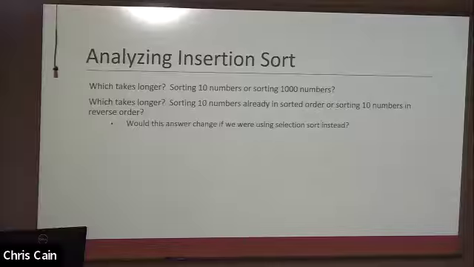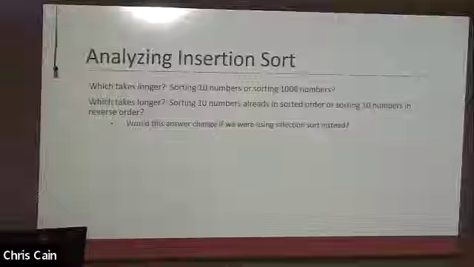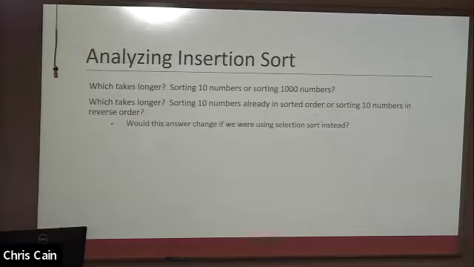So that said, which takes longer, sorting 10 numbers already in sorted order or sorting 10 numbers in reverse order? I think it would still take longer, right? But it just so happens if it's in reverse order, when you find the smallest value, you're replacing it with a larger value. So by the time you get halfway through it, they're sorted.